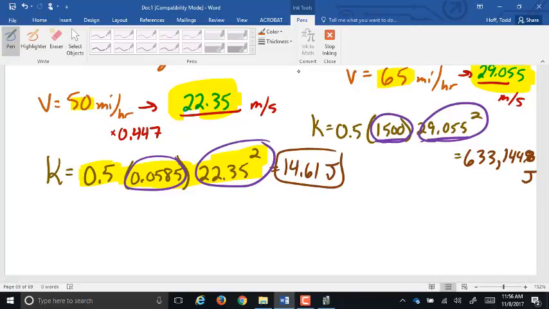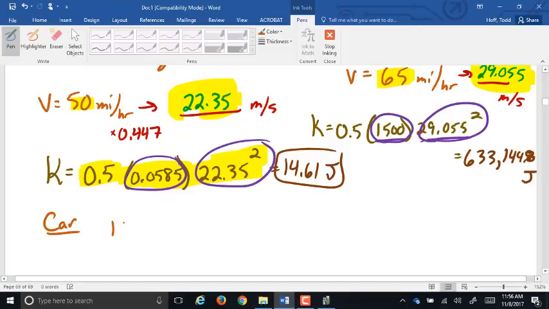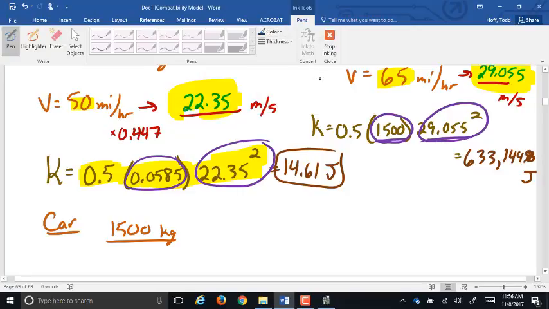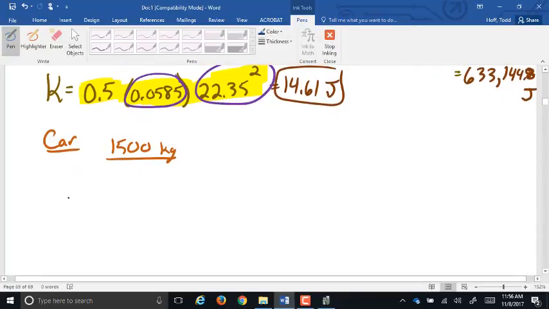So let's take a look at a car. A 1,500 kilogram car. And we are going to go from 25 miles per hour up to 50 miles per hour.